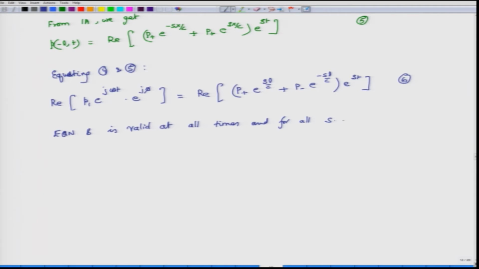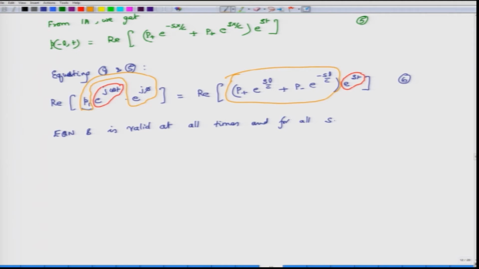So, that can be true only if the time component here, which is this, is the same as the time component here, and simultaneously this other component should be equal to this other component. Both these equalities should hold.